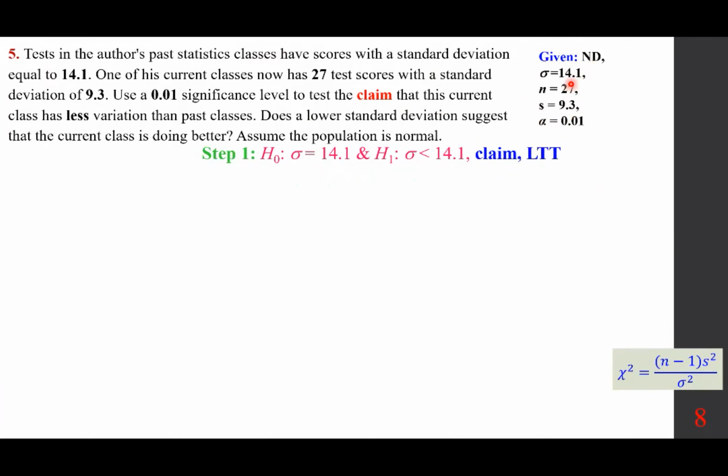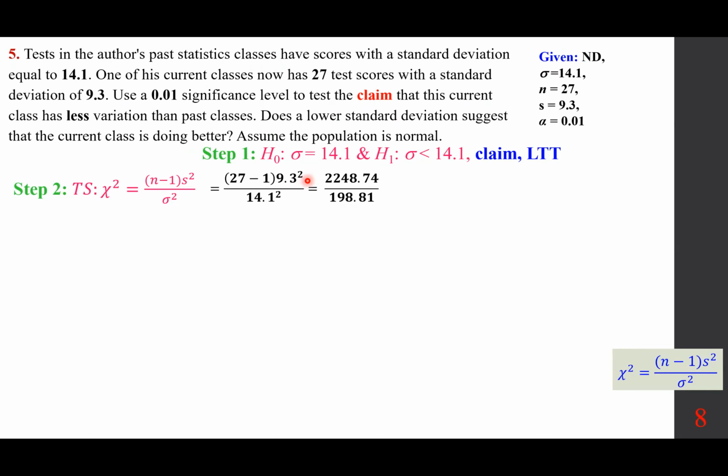You wrote it in the beginning. Plug in: (27 minus 1) times 9.3 squared over 14.1 squared, and it simplifies to 11.311.